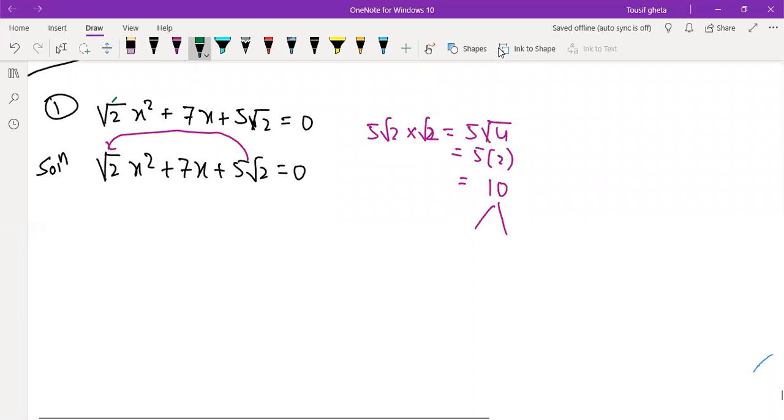Vaibhav, correct answer. 5 2s are 10, right? I need a 7, if I add or subtract. So 5 plus 2 will give you a 7. That's it. So root 2 x square plus 5x plus 2x plus 5 root 2 equals 0.